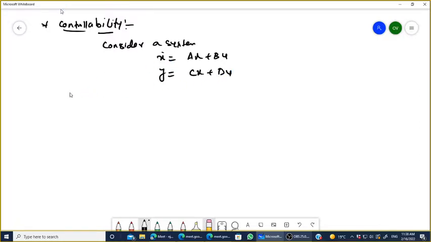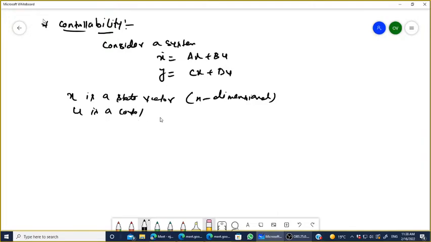Where x, what is x? x is a state vector, let's say n dimensional, right? However, u is an input, a control input, m dimensional, right?